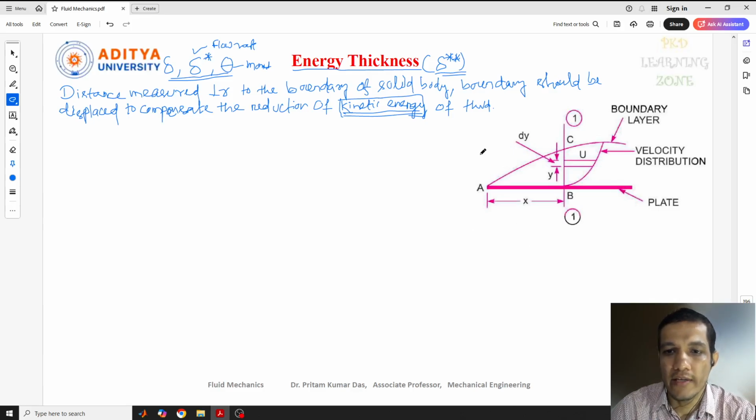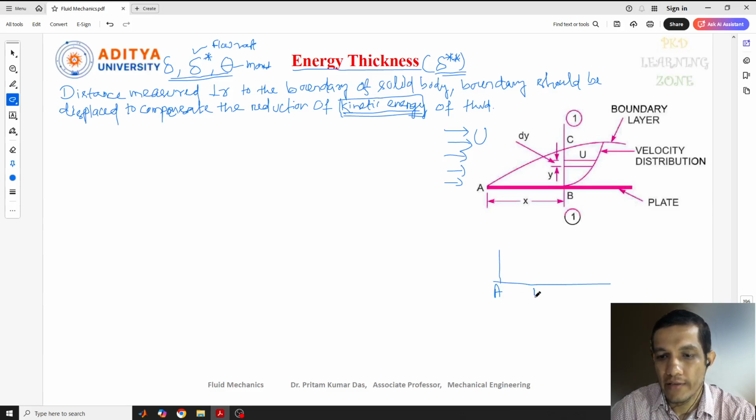In the diagram I have taken, the fluid is flowing with a uniform velocity. Let me give an example. Suppose this is a point A and this is a point B. What is the rate of flow at the start?